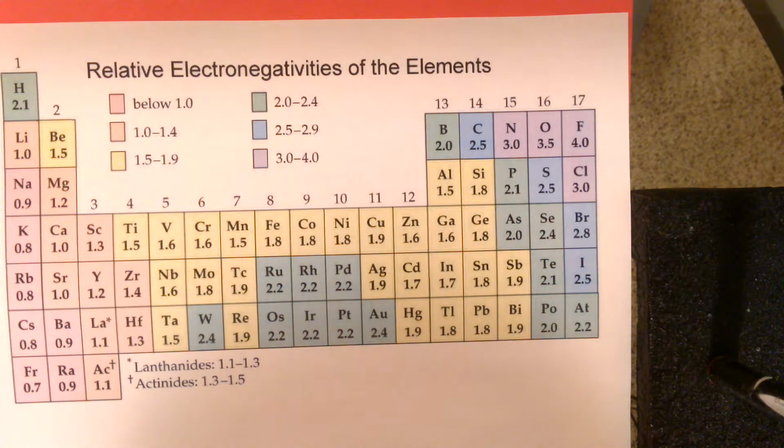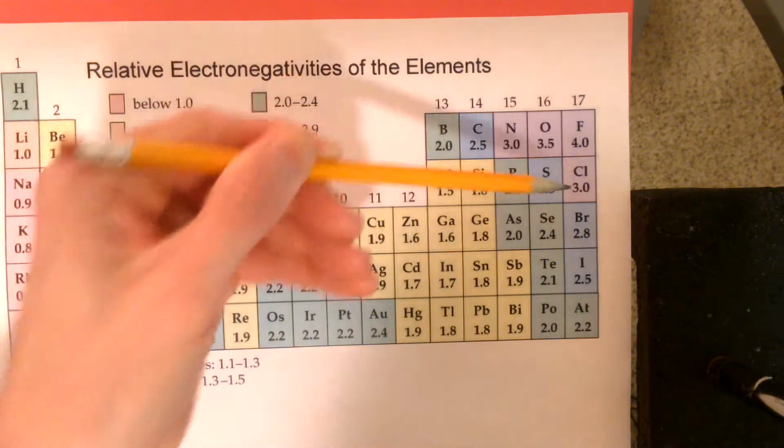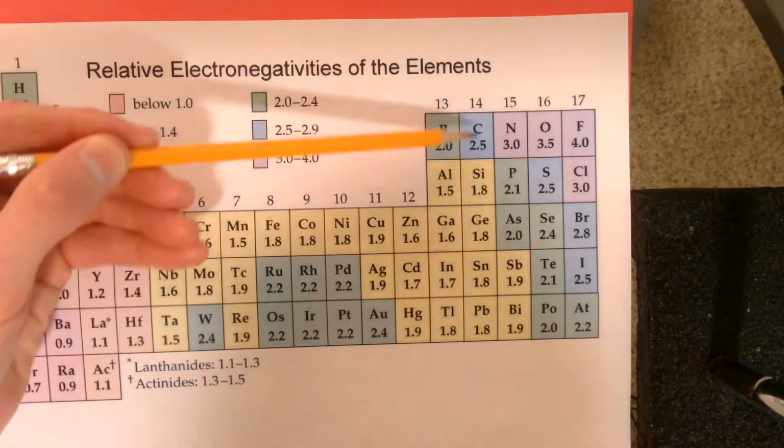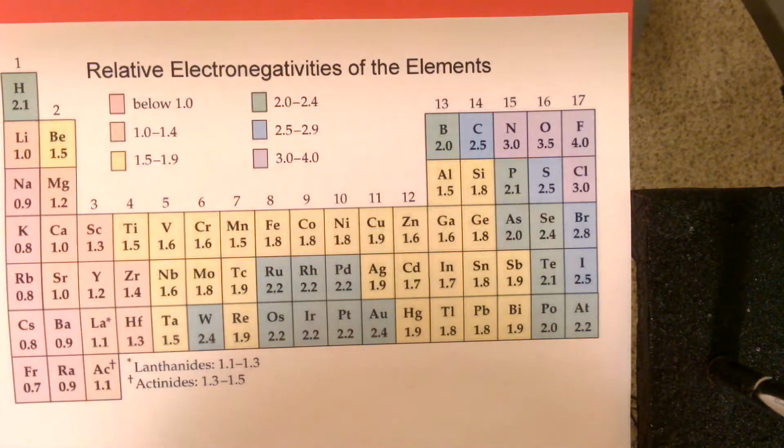That effective nuclear charge is increasing, and so there's going to be a much greater attraction for electrons. So there's our trend. As we go across a period, electronegativity increases. As we go down a column, down a group, we see a decrease in electronegativity.